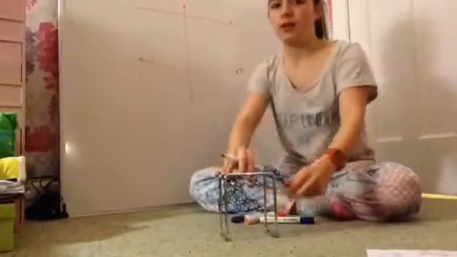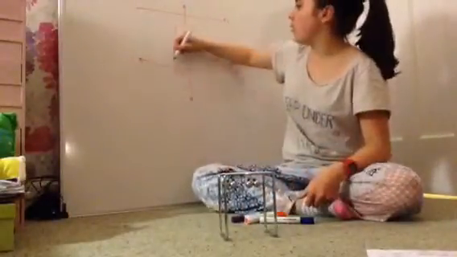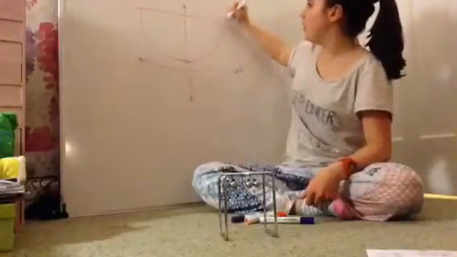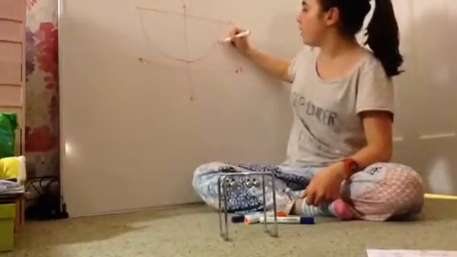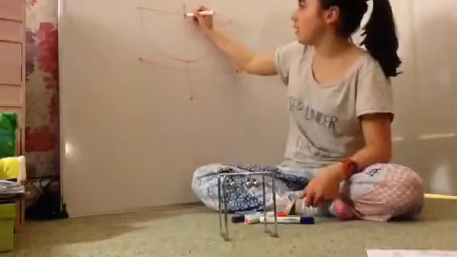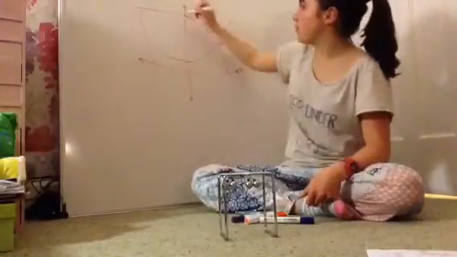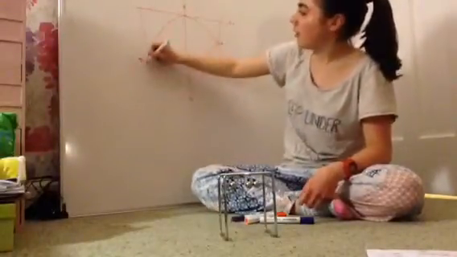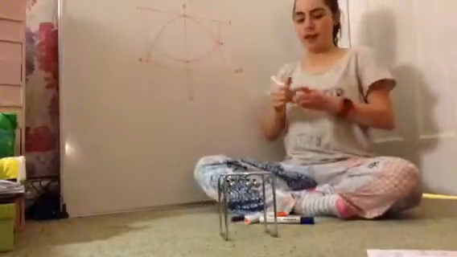Then it's going to come up like this, and that there is EP, and kinetic energy is the opposite, because they add up to make the total energy. And there you have the energy.